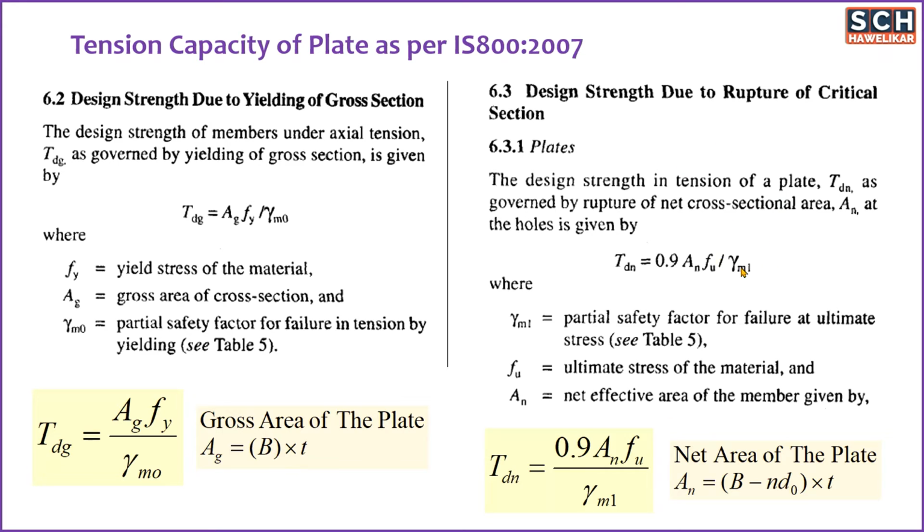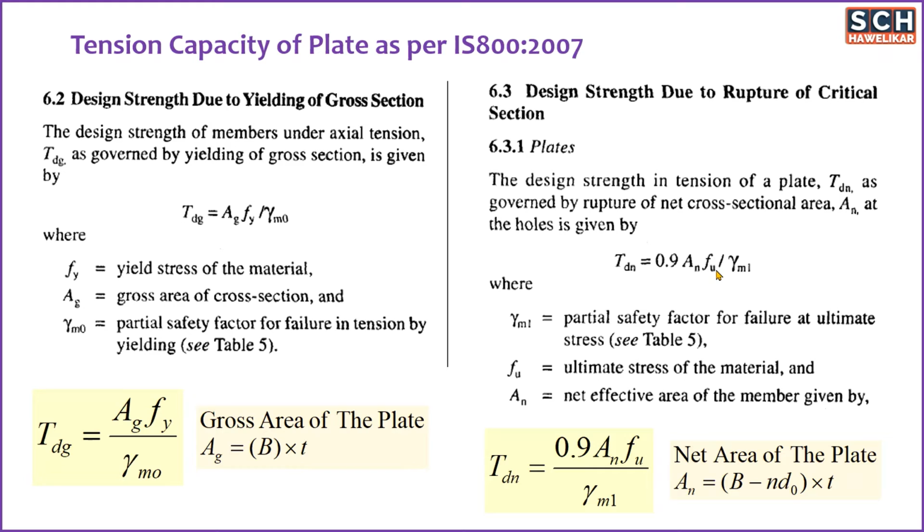For the net area, we are creating holes for the bolts, and due to those holes the gross area of the section reduces. That reduced area, the total area remaining, is called the net area.